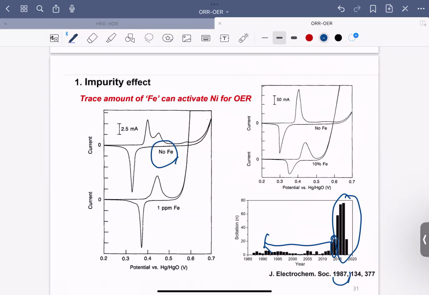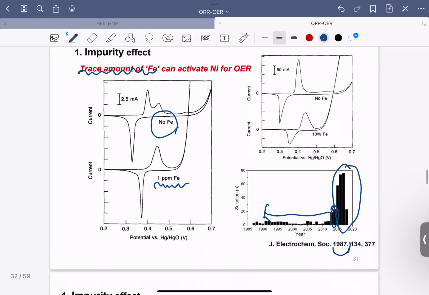However, 1 ppm is truly enough to activate the system, which means that even though we prepared nickel hydroxide or nickel-based materials, if you immerse the system without purification, it can turn out to be a nickel iron system, right? So the key idea is that a trace amount of iron is really important for activity in OER, right?